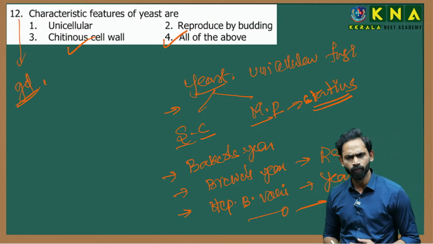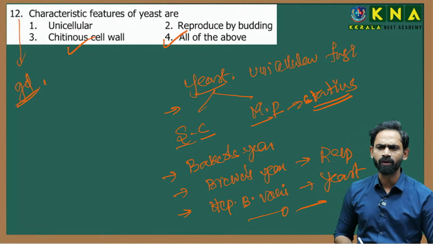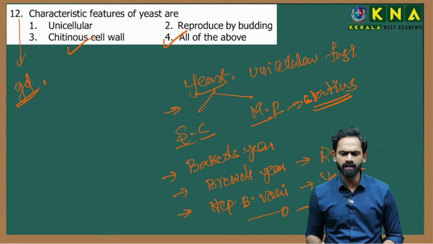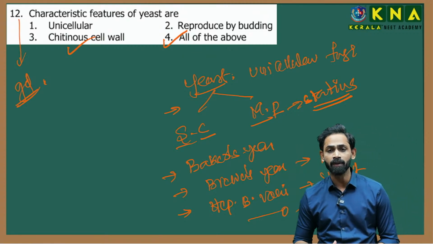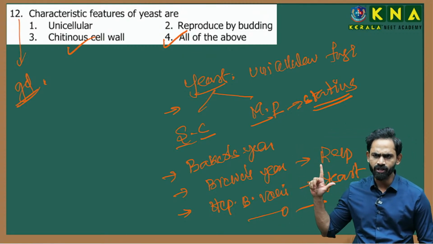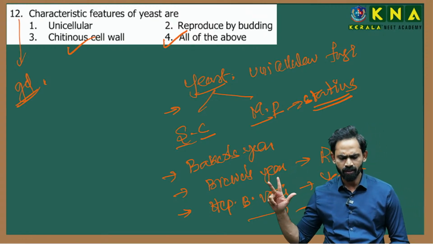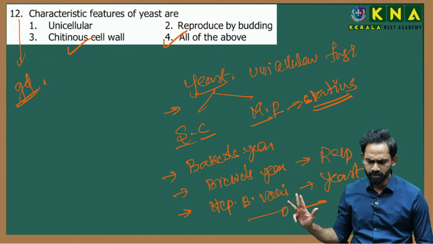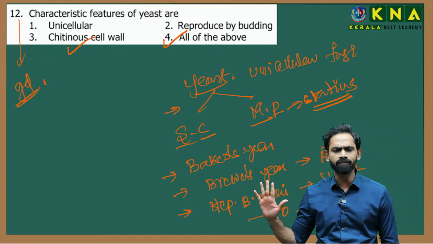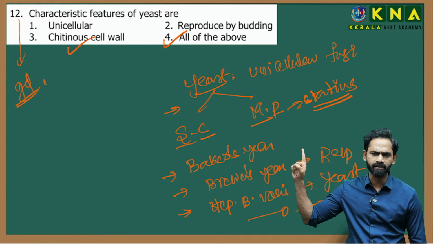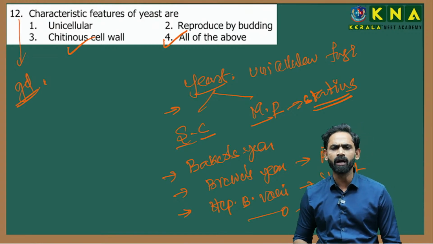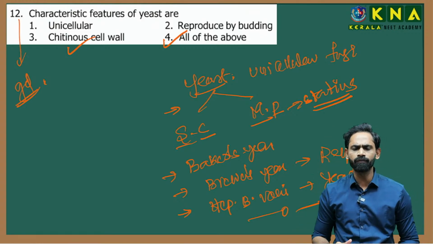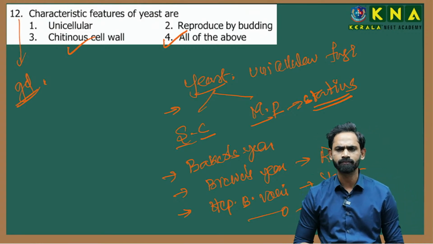Why did I give more than good because of this one. What is yeast? Unicellular fungi. Examples: Saccharomyces cerevisiae and Monascus purpureus. Saccharomyces cerevisiae, also called Baker's yeast and brewer's yeast, is used for production of the first recombinant vaccine, hepatitis B vaccine. Next, Monascus purpureus is used for production of statins.